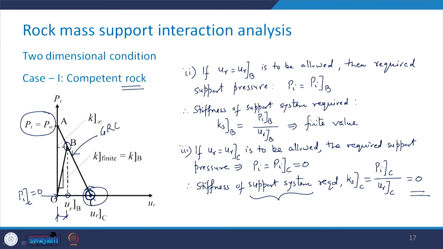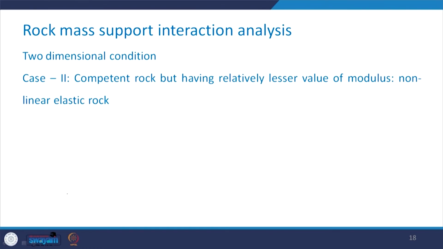Now, let us take the other case of the competent rock, but having relatively lesser value of the modulus. That is, it is the non-linear elastic rock. Since we know that it is non-linear elastic rock, can we draw the ground response curve as we did in the previous case?